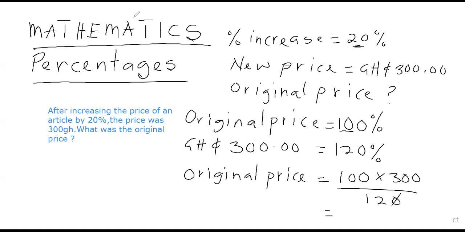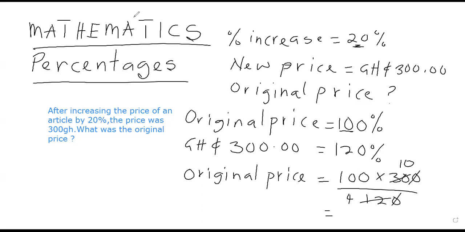Kindly do the simplification for me. So 0 cancels 0, and the 3 will do the job. 3 times 10 is 30, and 3 times 4 will give you 12.